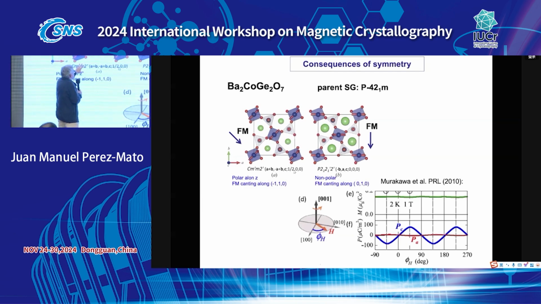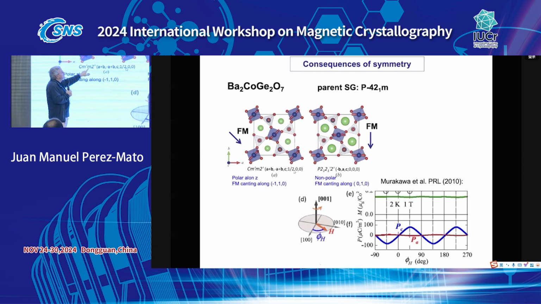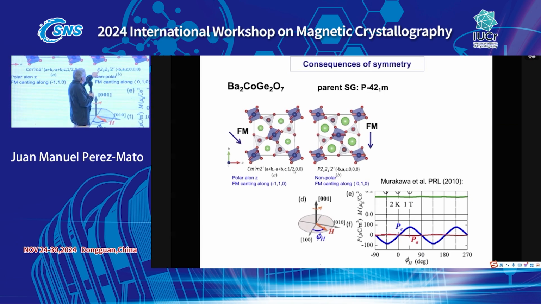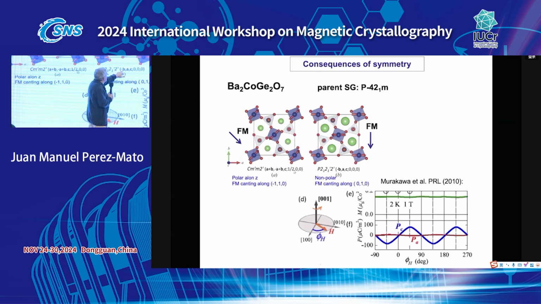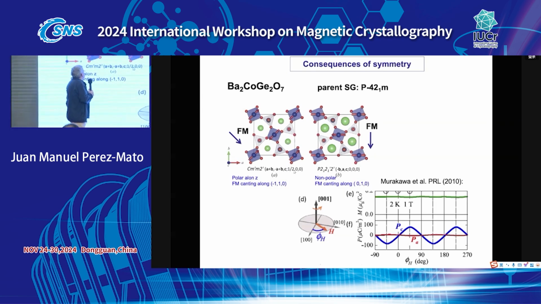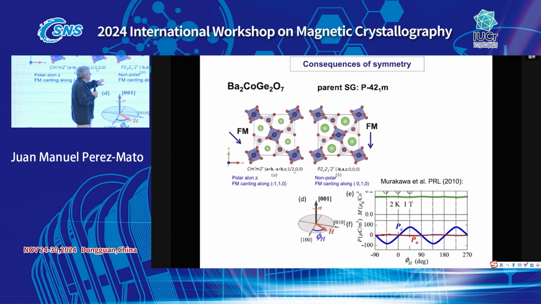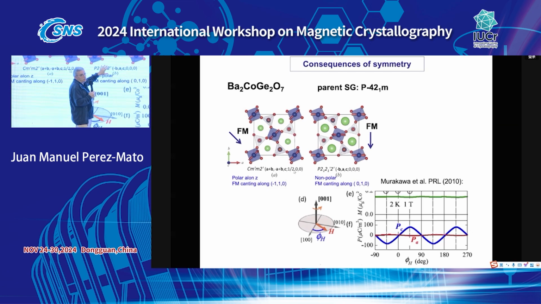Because for this orientation, the group is this one here, which allows some moment along B, which is this one here. No, we are talking about polarization, okay, not the magnetization. So this group is non-polar, okay? So when the system is in this arrangement, the system cannot have a spontaneous polarization.